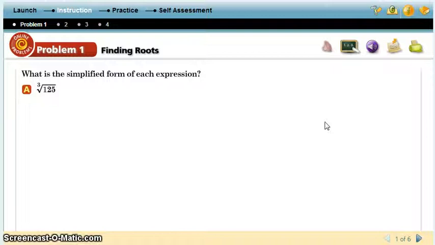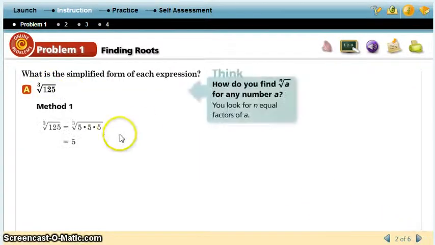So let's look at this first one. I have the third root of 125. That's what the 3 means, the third root of 125. So we're going to look at one method to solve this. Method 1: you've got the degree of 3, so I need 3 numbers here that equal 125, and the number has to be exactly the same. I can't just pick 3 random numbers.